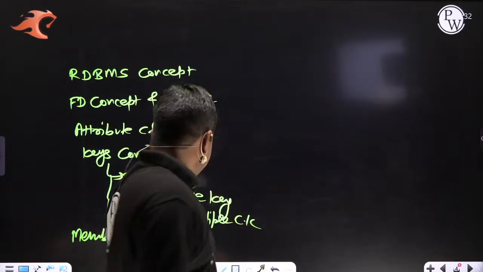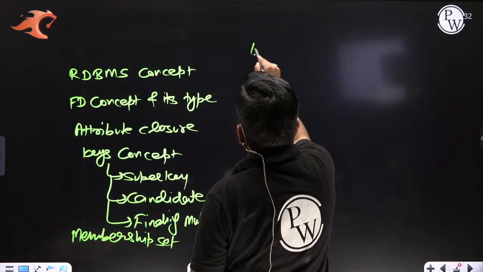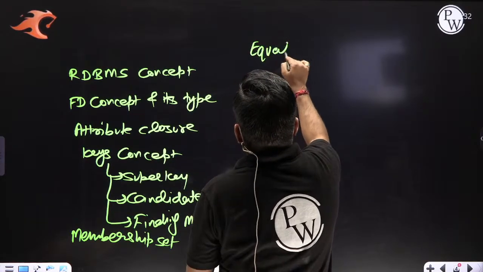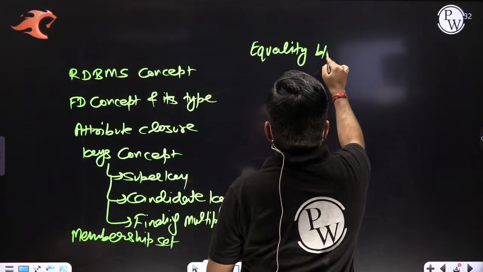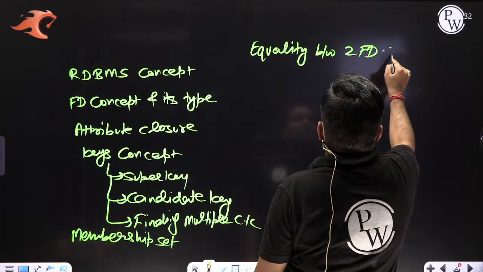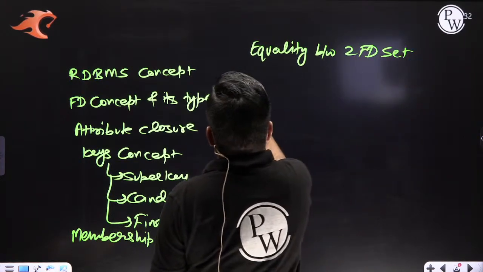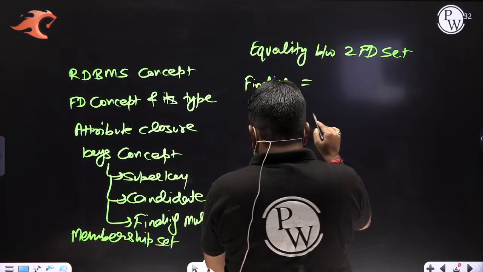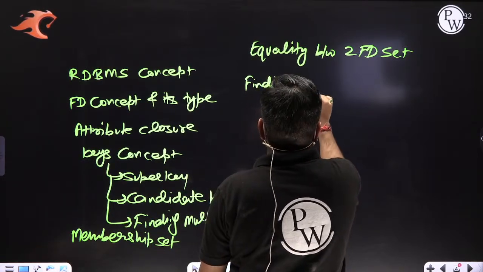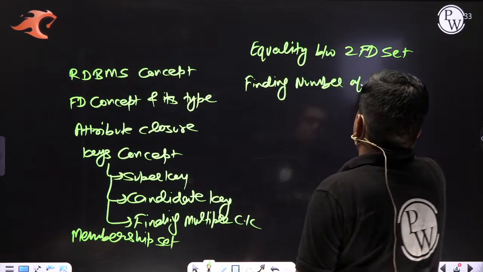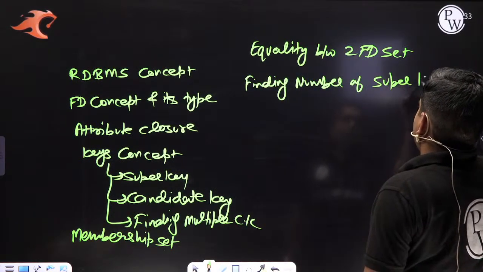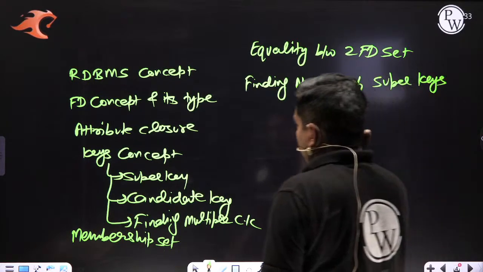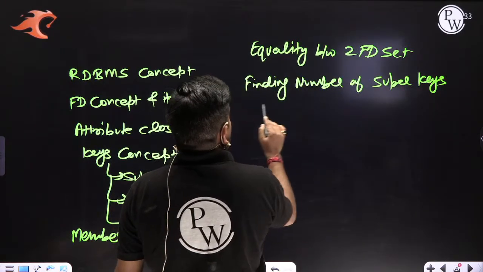Then we discussed equality between two FD sets. After that, we discussed finding the number of super keys and candidate keys also.